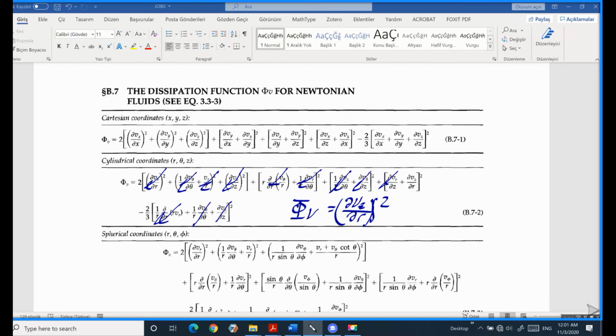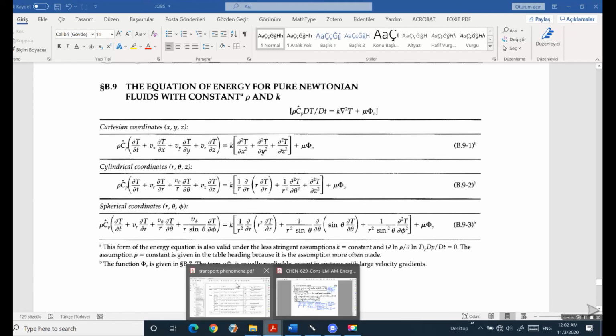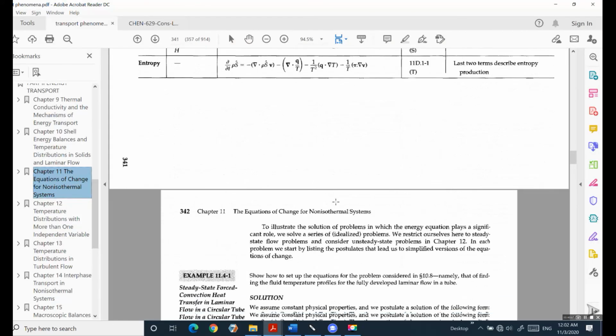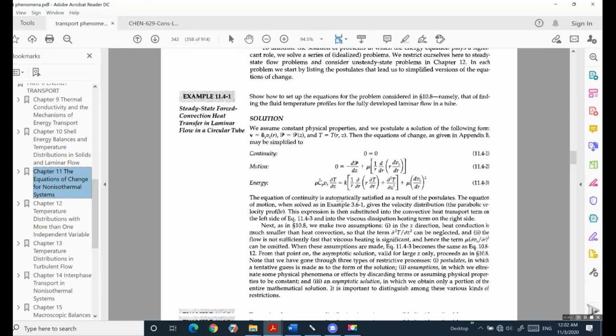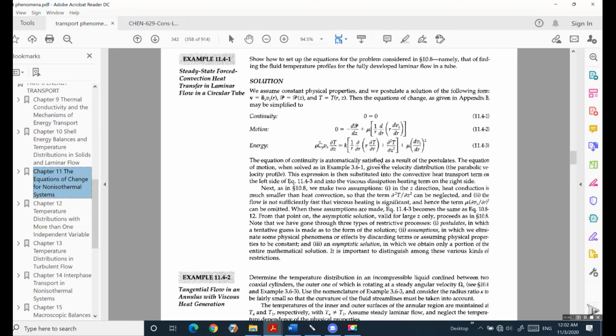When we insert this term here, finally we obtain the form of the equation exactly here. Then we already solved that one, and finally we can solve it for the boundary condition.